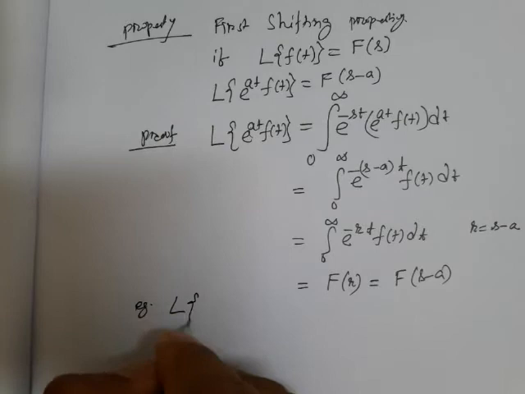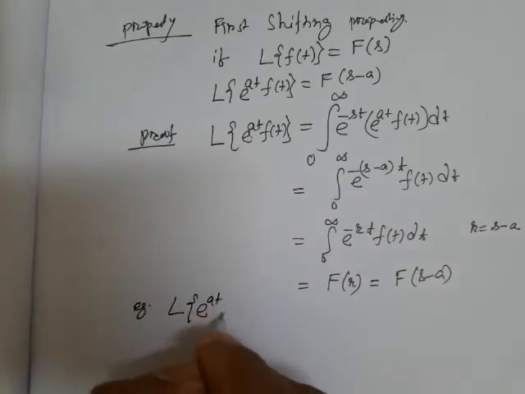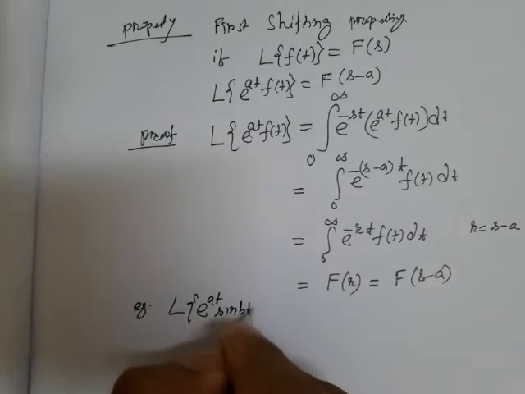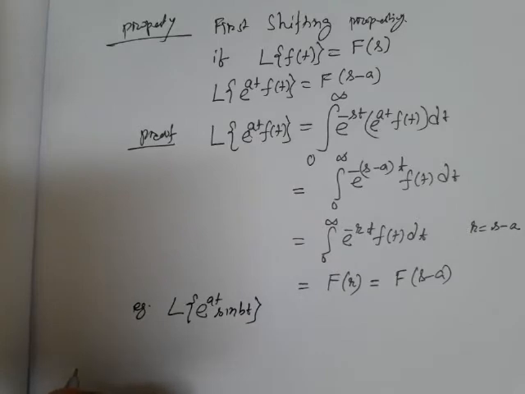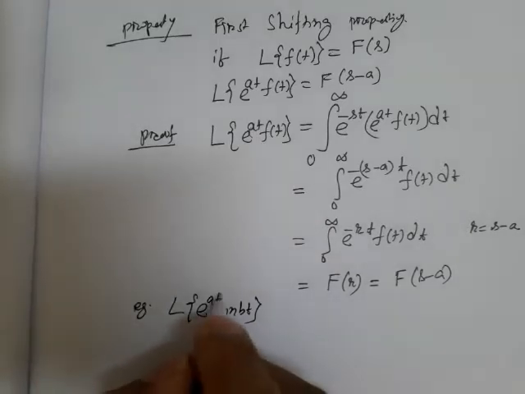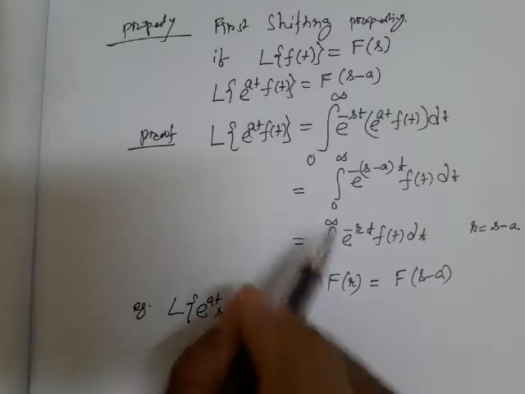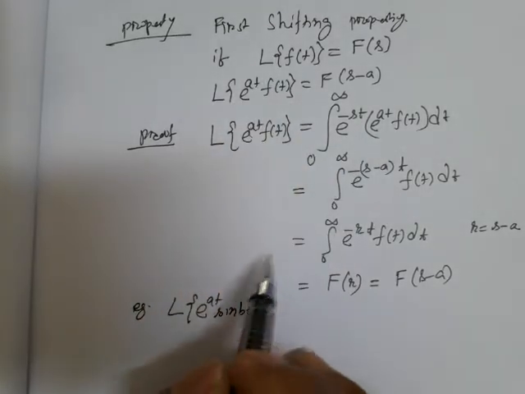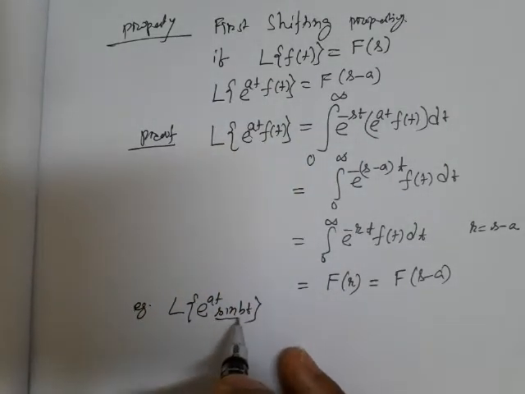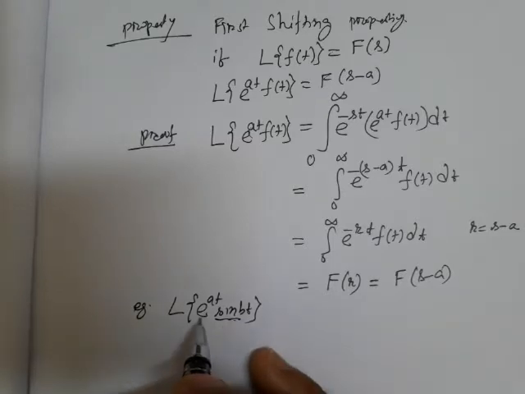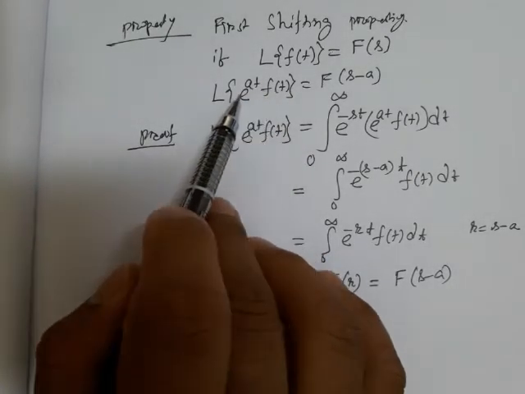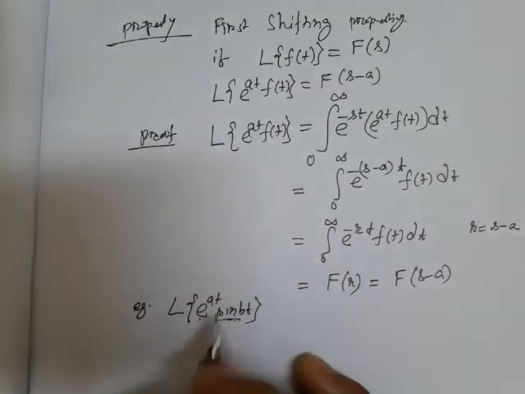L{e^(at) sin bt}. What will be L of e to the power at sin bt? Now see, first we are going to use this shifting property. So suppose this is f(t), and this is e^(at).